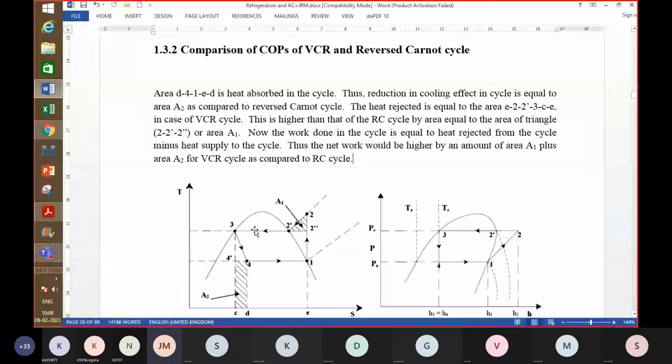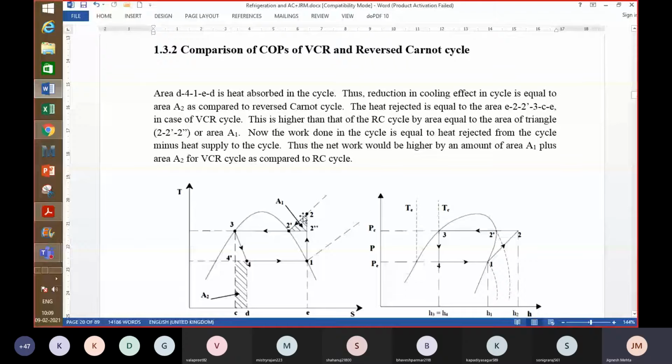Through the whole of 2-3, though the volume is decreasing, you are not using any moving component here, and you don't have the issue of providing a large area inside with a moving component or fast moving machine. So you don't need to use any machine here. Any moving component is not there, and basically it's a heat exchanger, and still you are able to achieve the reduction in volume. So that's what happens in a condenser.